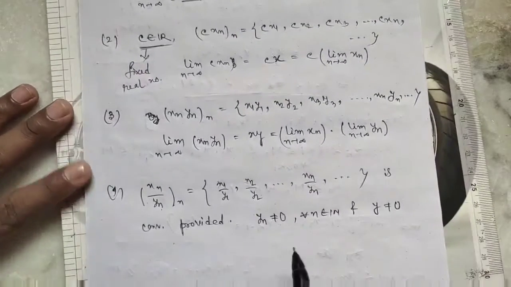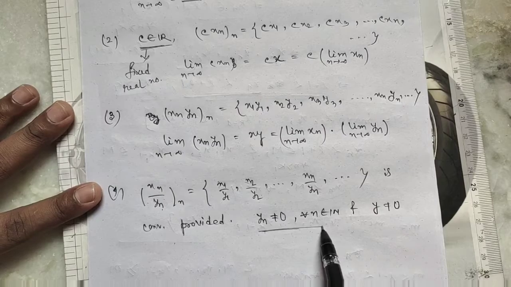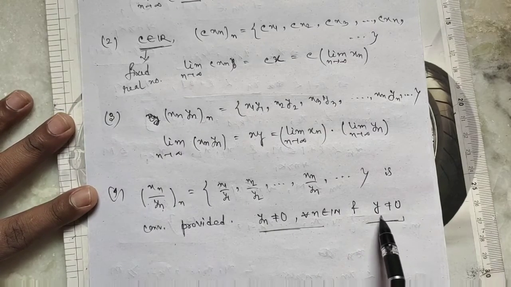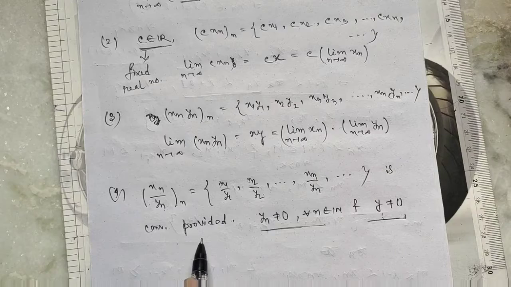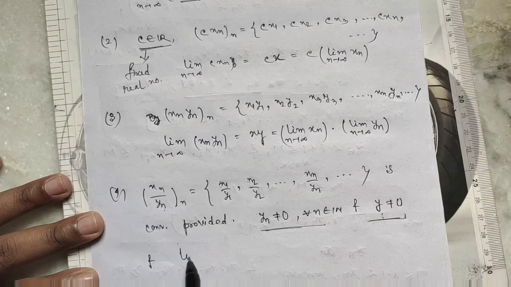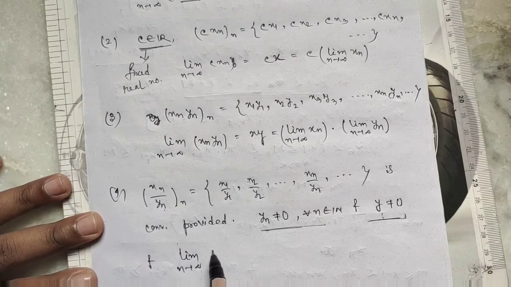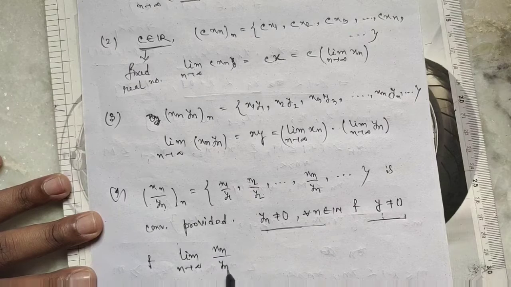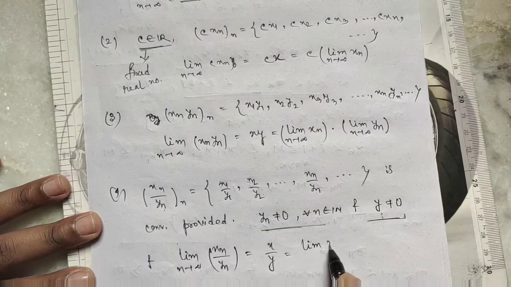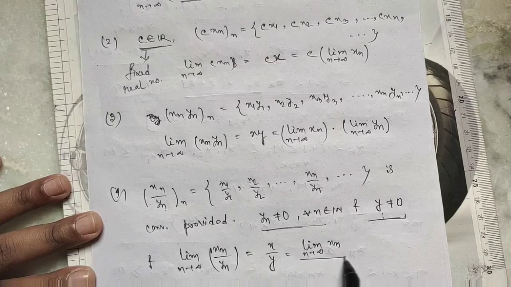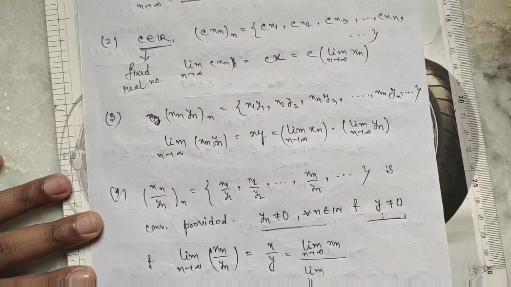So here the condition is yn not equal to 0 for all n and y not equal to 0, and it converges to x by y, that is, limit xn by limit yn.